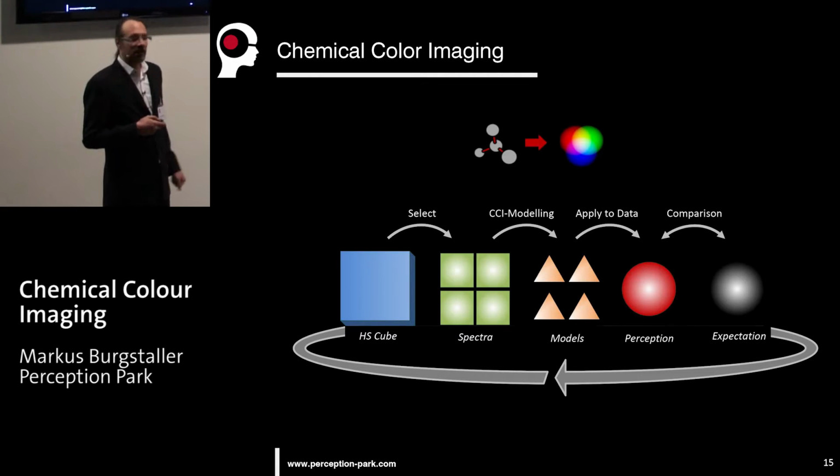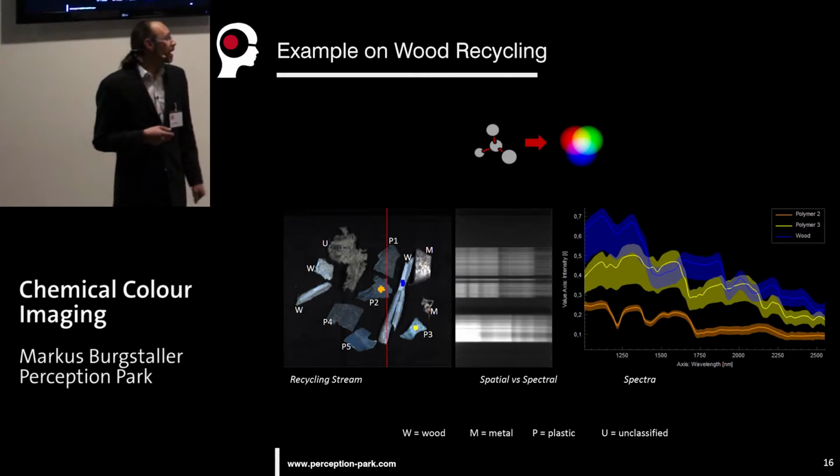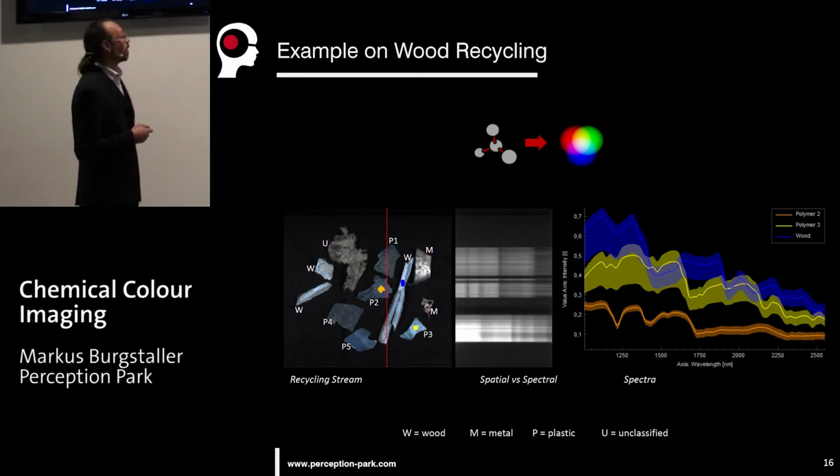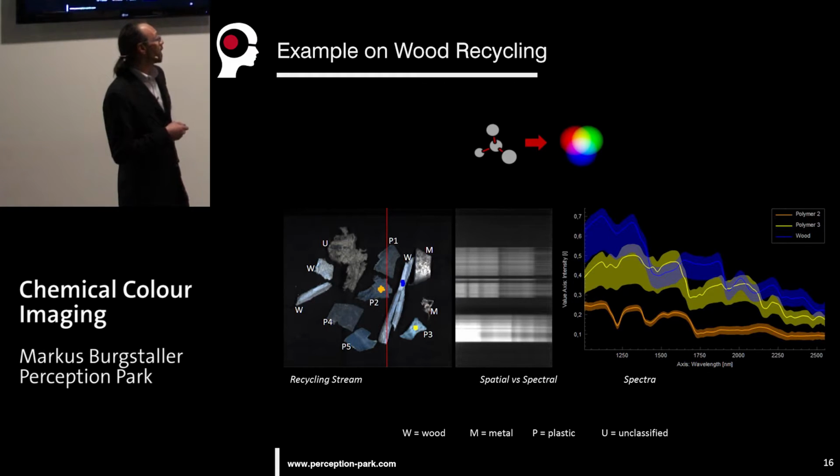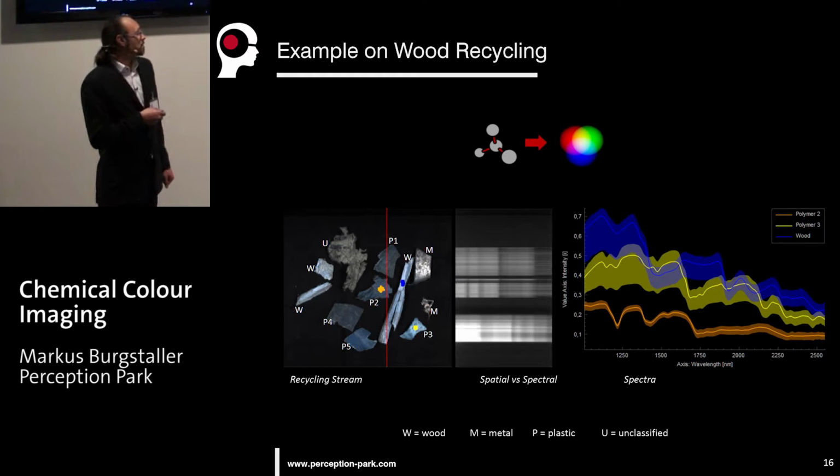Let's take a more practical viewpoint. Here's an example of wood recycling, a typical application you can see in an industrial environment. We have different objects here. The objects denoted by P are polymers, like this, and that's all.